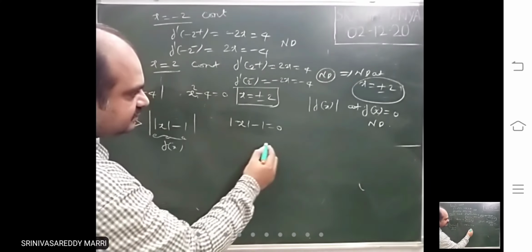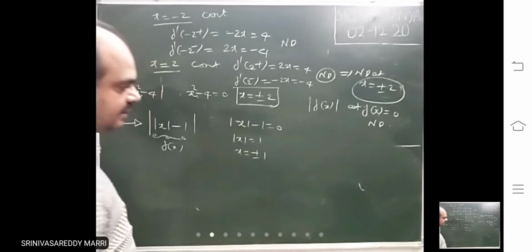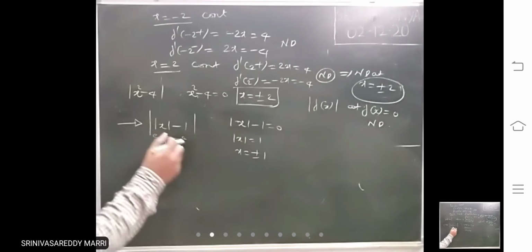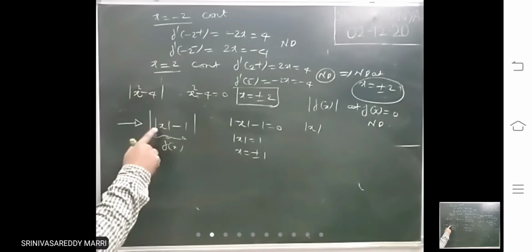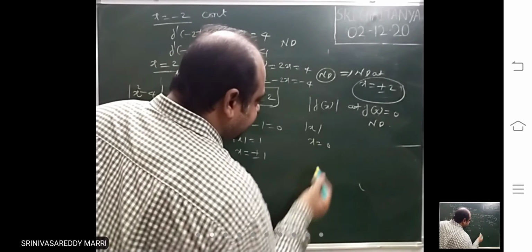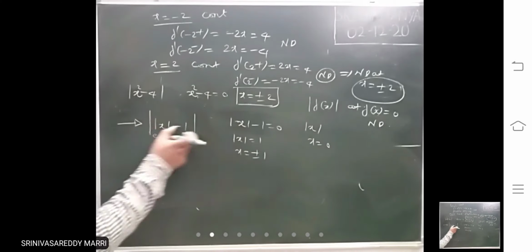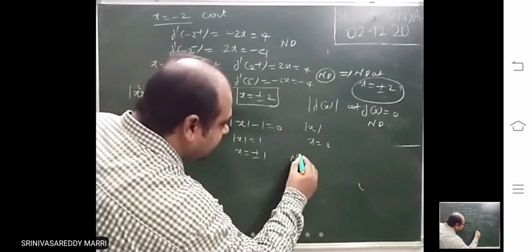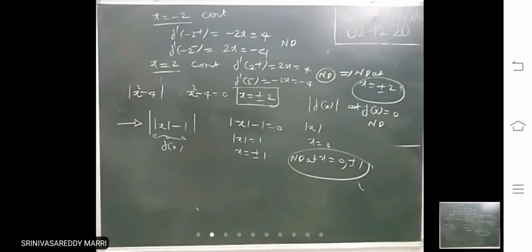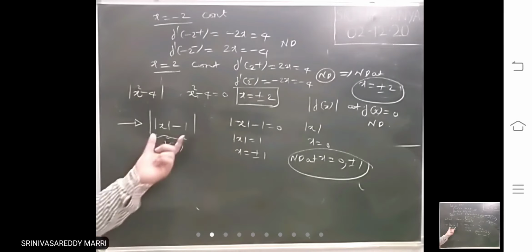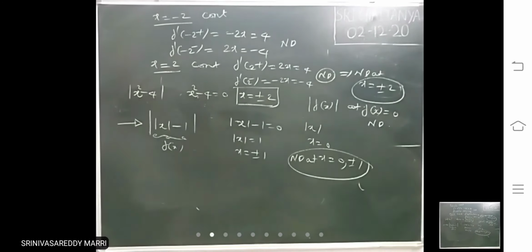Equate that to 0, that means modulus x equal to 1, x equal to plus or minus 1. Next, another modulus is there inside. That will not be differentiable when x equal to 0. When x equal to 0, the inside of the second modulus is 0. Therefore not differentiable at 0 and plus or minus 1. 3 points. If asked for the number of points at which this is not differentiable, the answer is 3.